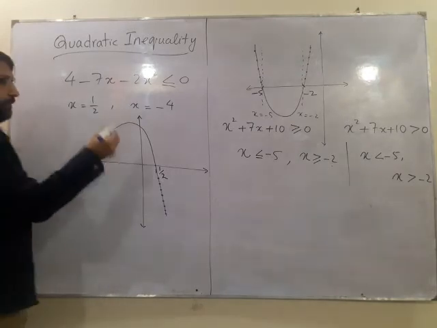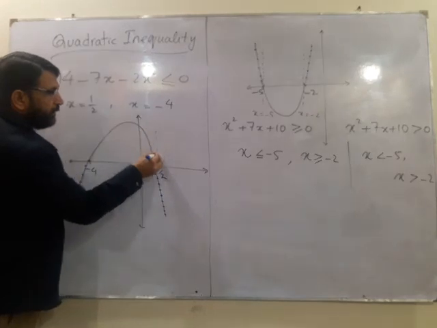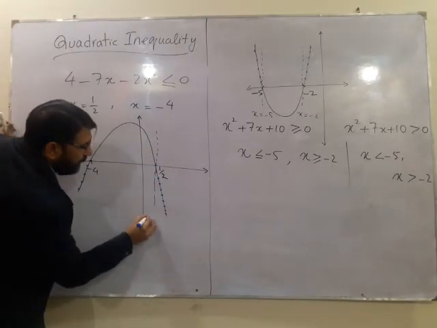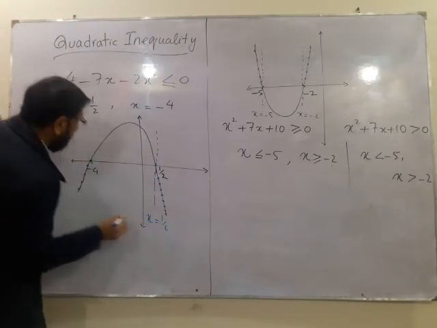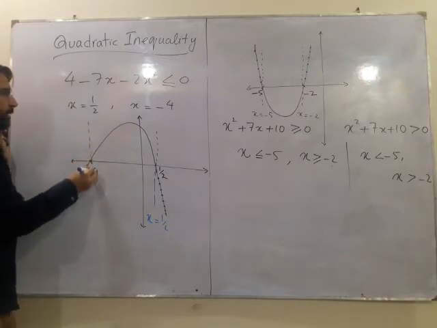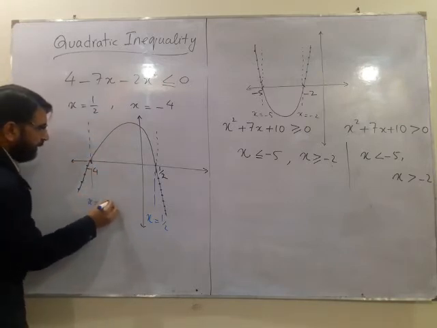And as we mentioned before, this is the line x equals half, and this is the line x equals minus 4.